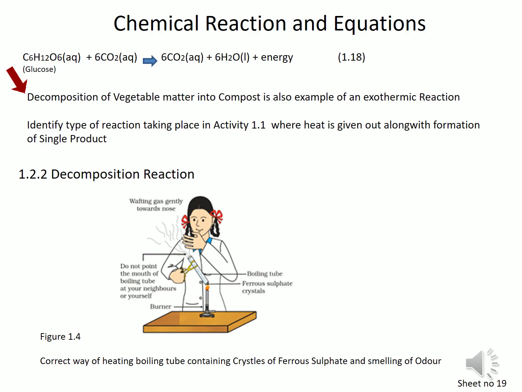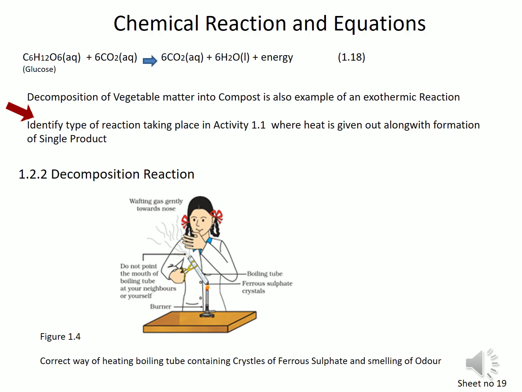Decomposition of vegetable matter into compost is also an example of an exothermic reaction. When we decompose vegetables or some other food, it becomes compost, which is used in agriculture for crops. So that is also a part of exothermic reactions.